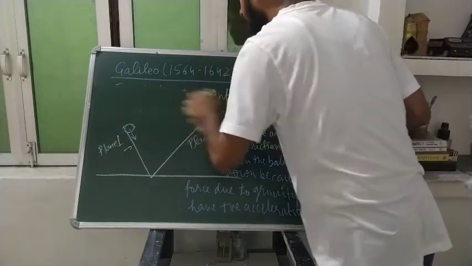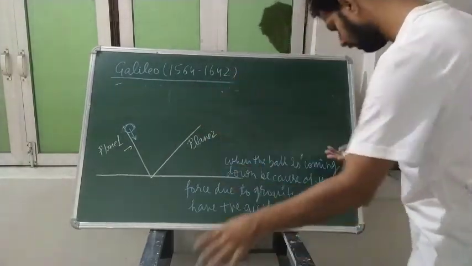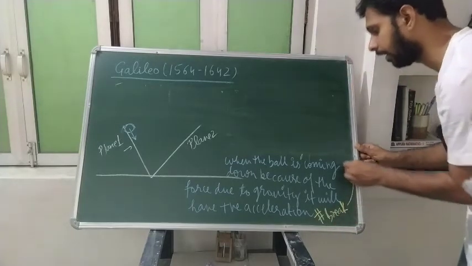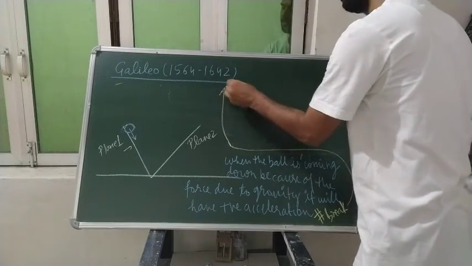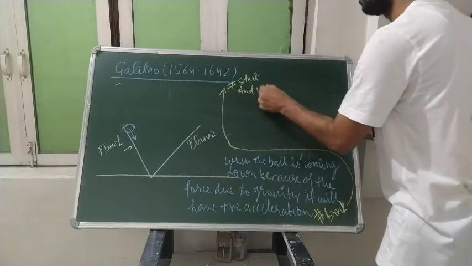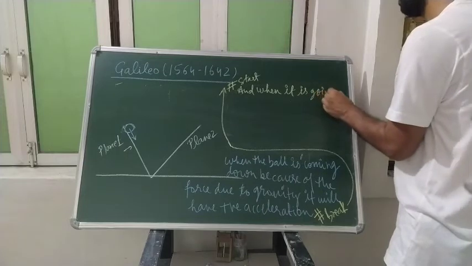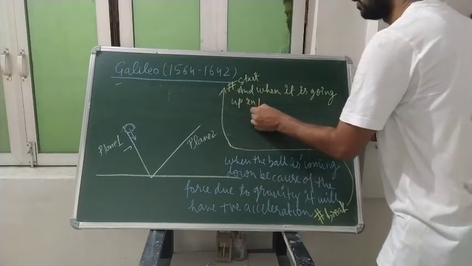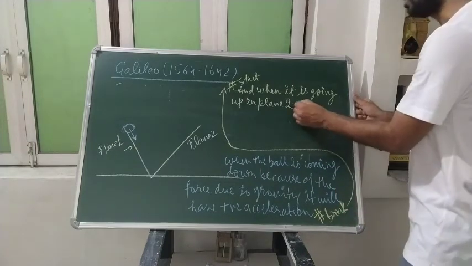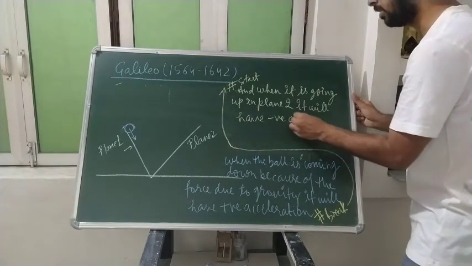So when that ball is coming down, it will have that positive acceleration, and from here I'm braking and I'm starting from here, and when it is going up in plane 2, which is at some inclination, it will have negative acceleration.